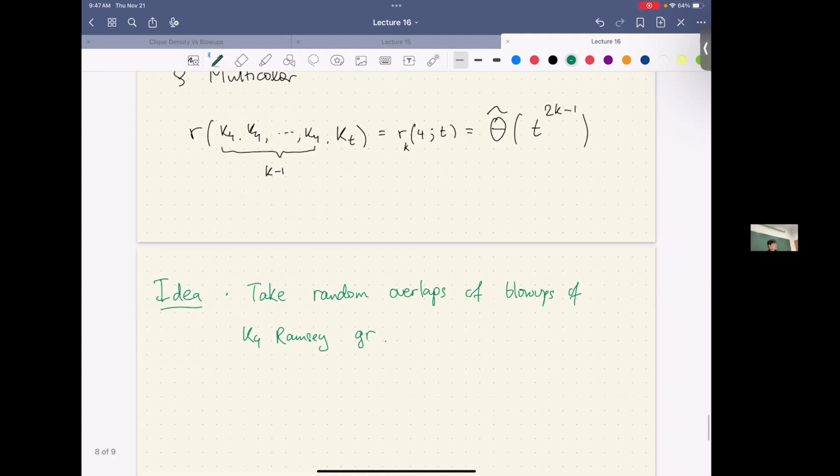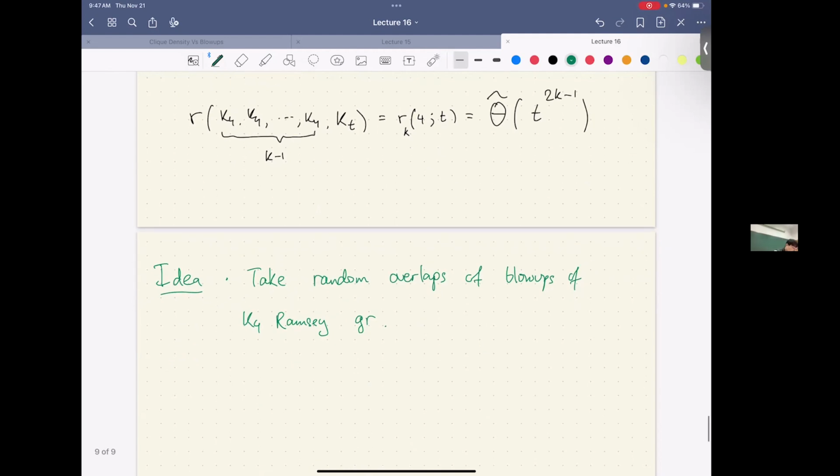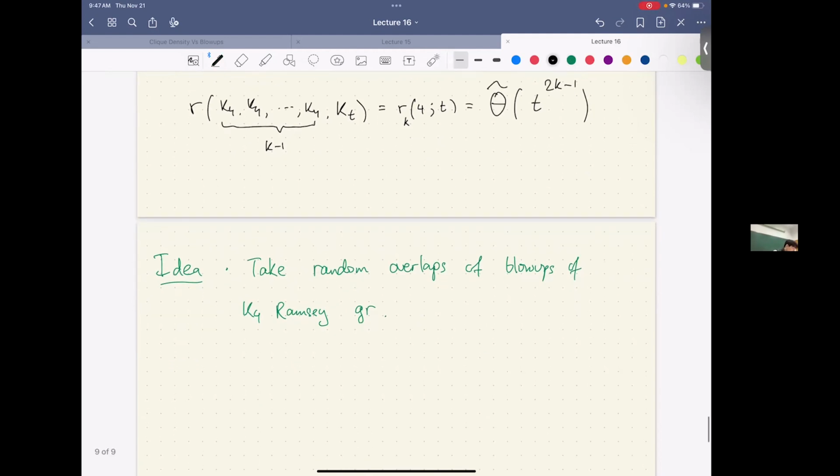Slightly more details. How do they do that? Okay. Start with a T vertex graph G, I think they call it G little t.